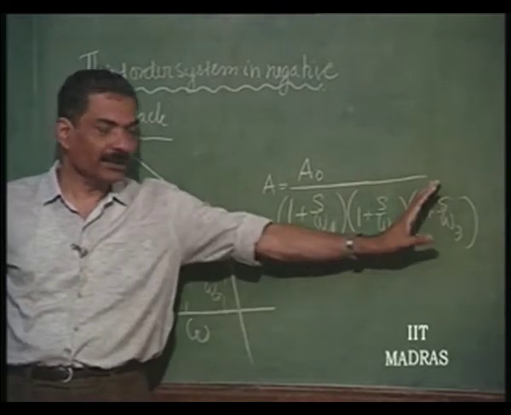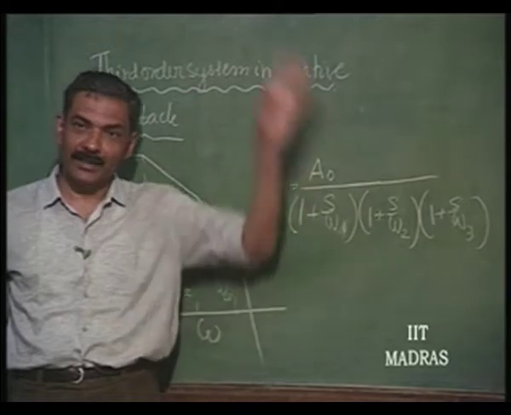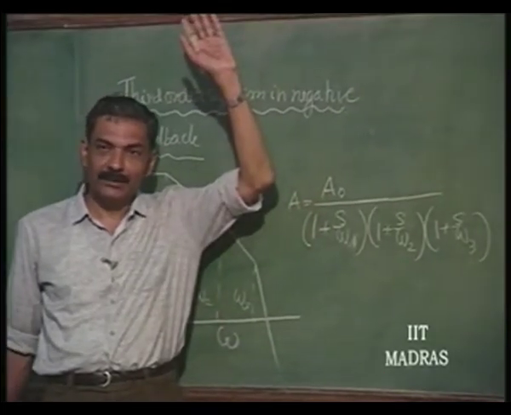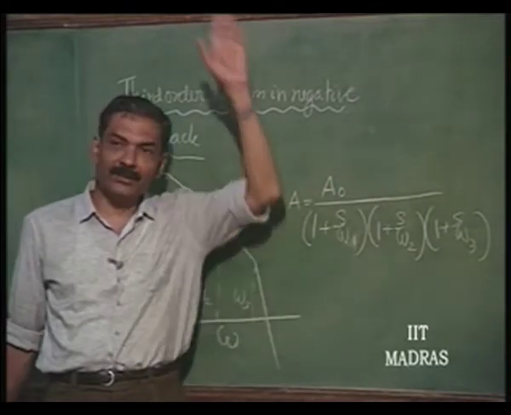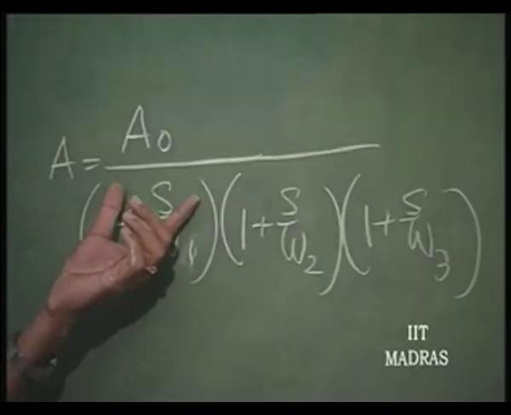When it is second order, the phase shift of A can go from 0 to 180 degrees, but that also only at infinite frequency. So, there is no finite frequency at which it can become 180 degrees. But by the time frequency goes to infinity, the gain itself falls to less than 1, it goes to 0. So, there is no harm.